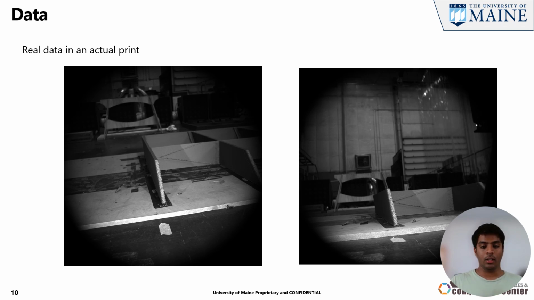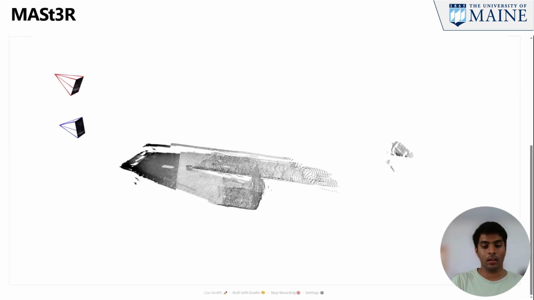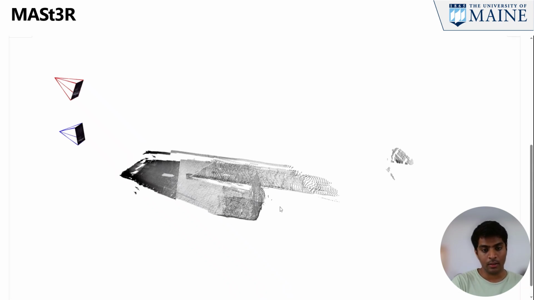So we took the data. This is shot using Basler cameras, and we are using two cameras placed 50 centimeters apart, pointing at a particular object. We took the real data of an actual print, and we had a CAD model. We ran it through the new technique, which is MASt3R, and these are the results.